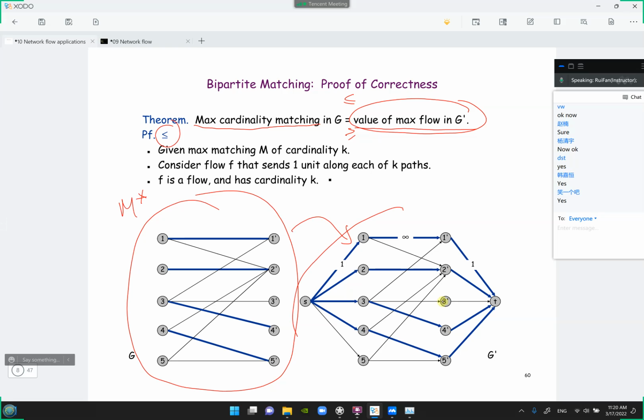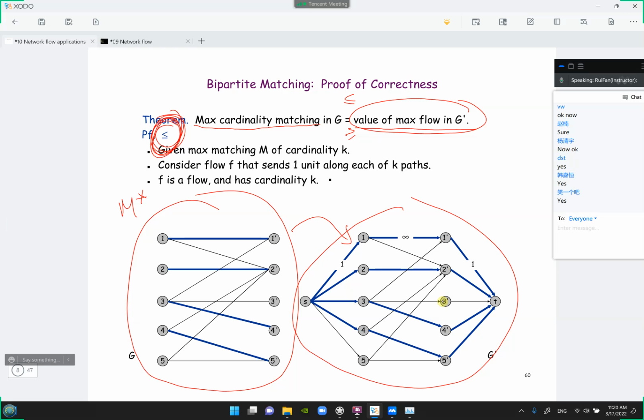This flow is less than or equal to the maximum flow, and that lets you prove the less than or equal to direction.